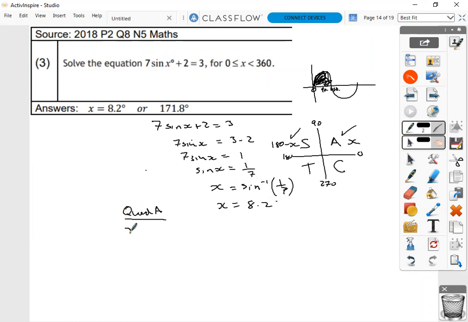Quadrant A, x equals the answer, so 8.2. Quadrant S, it is 180 minus x, 180 minus 8.2 is 171.8.